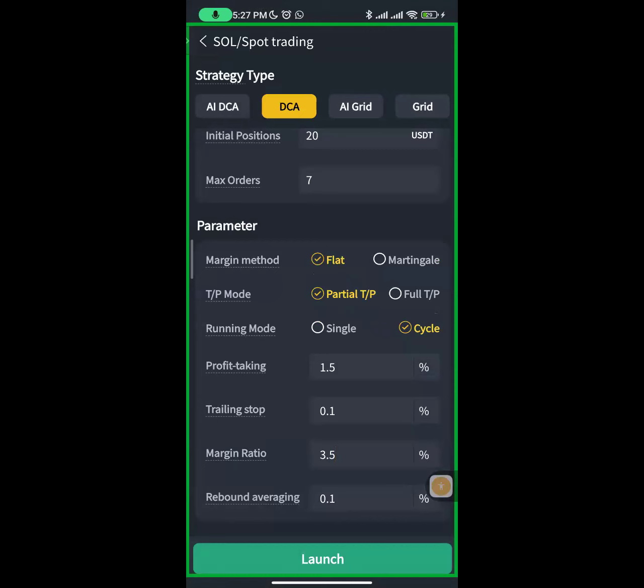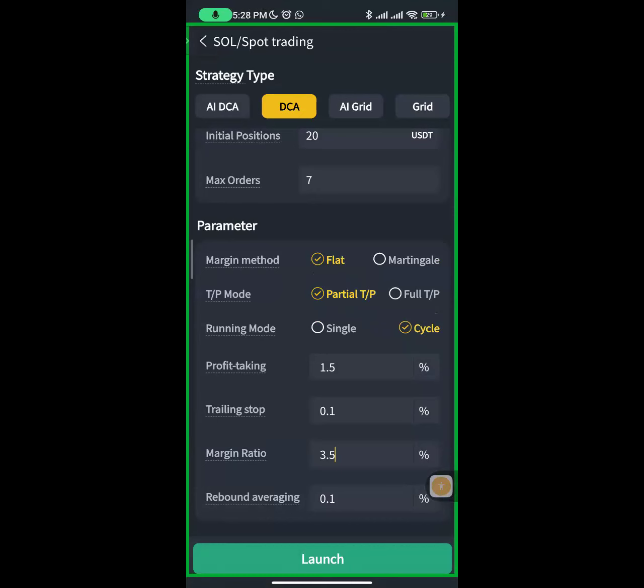You can't flow with the parameters this way when you're doing the AI DCA. So it's only in the DCA you can actually instruct the robot. You can actually tweak the robot to do what you want it to do for you. Okay.